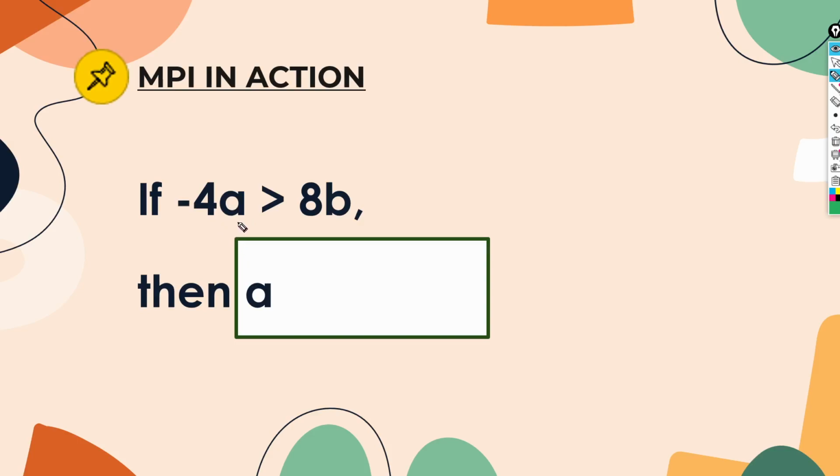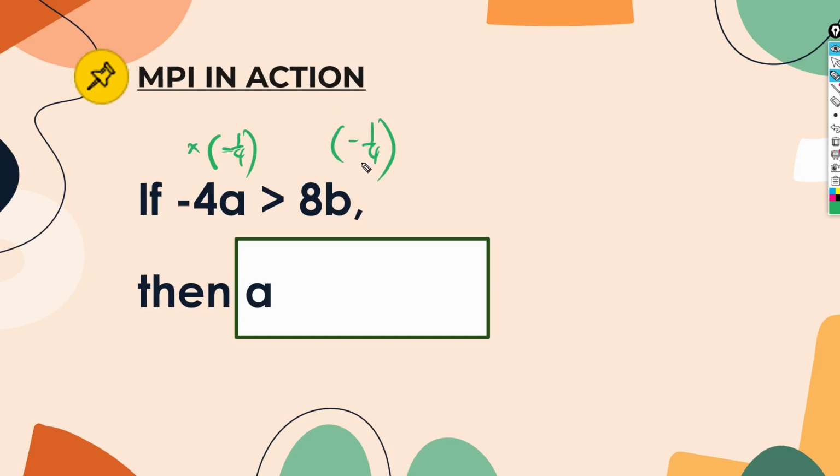Naku, mukhang nag-multiply ako ng something or nag-divide ng something. In fact, correct. I could have imagined that I multiplied both sides of the inequality by negative 1/4, the multiplicative inverse of 4. But remember, when you do that, you have to do that also to the other side. Negative 1/4 na multiplier ka din. But since our multiplier is a negative number, iba usapan na yan.